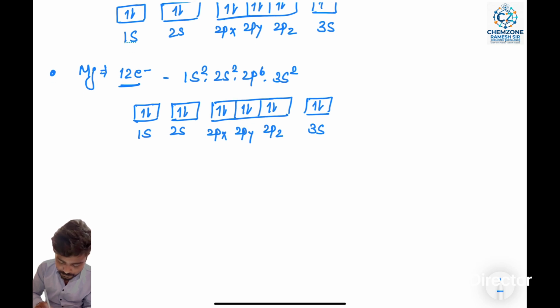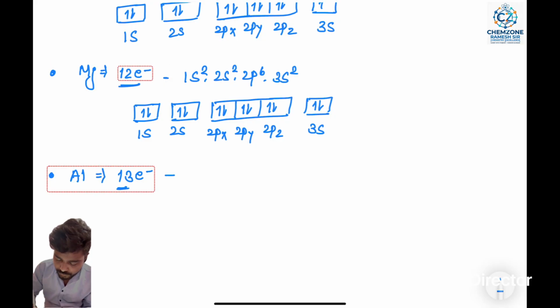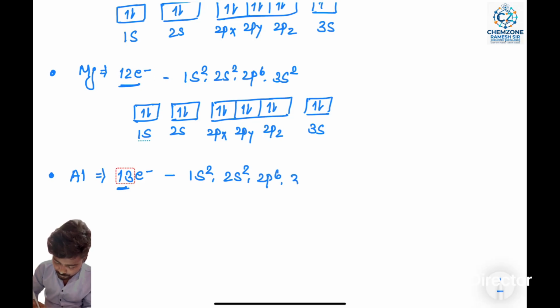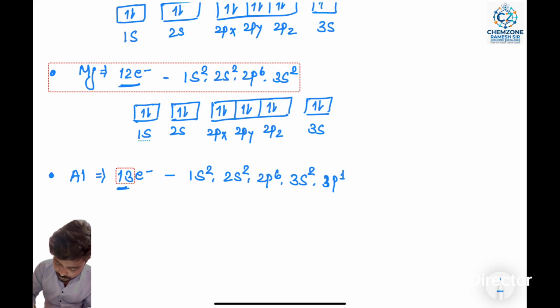Then next one is your aluminium. Okay, aluminium, Al, atomic number 13. Okay, 13 atomic number. So 1s2, 2s2, 2p6 and 3s2 and 3p1. Okay, the next new orbital is starting.